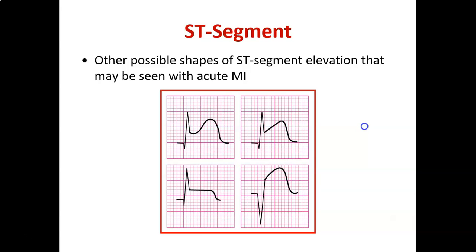There are many other possible shapes of ST segment elevation that may be seen with acute myocardial infarction. So any shape can be seen where you will find ST segment elevation: concave, convex, or extremely high or horizontal elevation. Any shape can be associated with acute myocardial infarction.